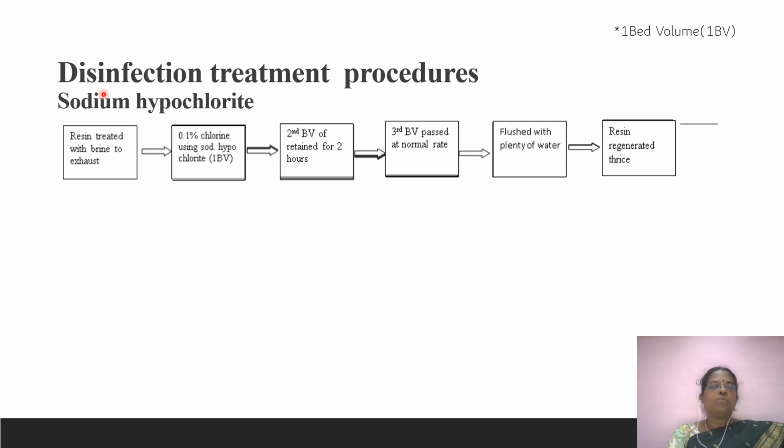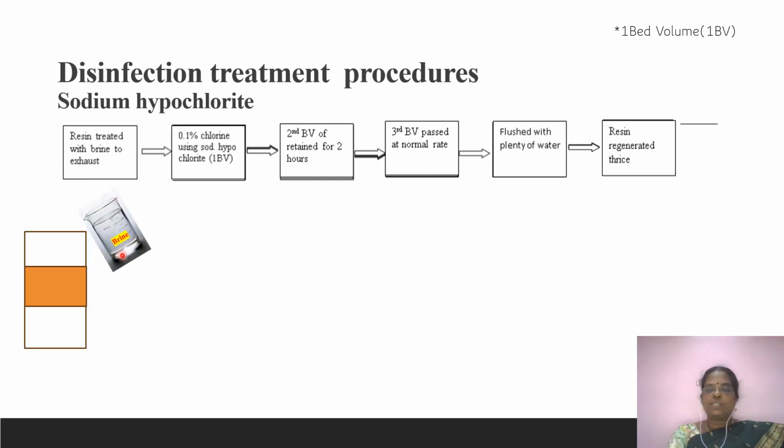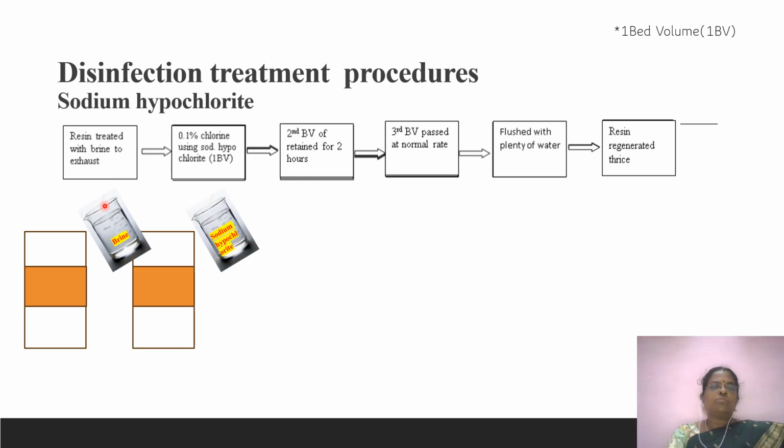Now the next one is the sodium hypochlorite method. First the resin is treated with brine to exhaust it. What is brine? Salt water. We add a lot of salt water to make the resin completely exhausted. Now we add 0.1 percent chlorine using sodium hypochlorite, and one bed volume of that is used for cleaning.